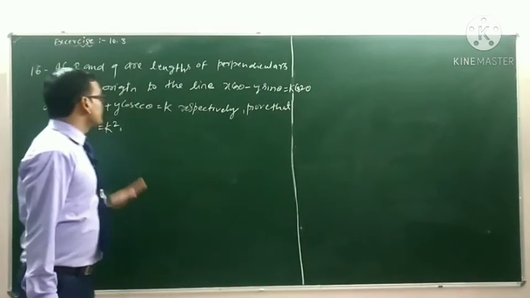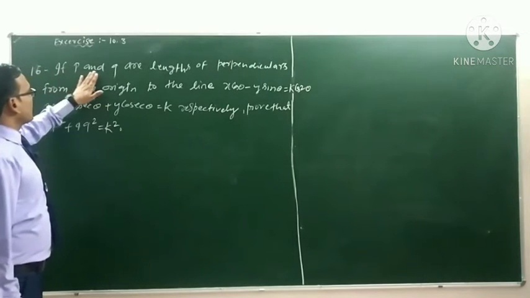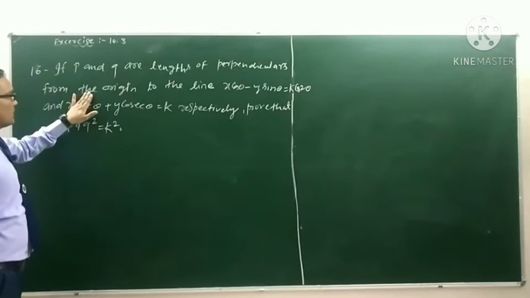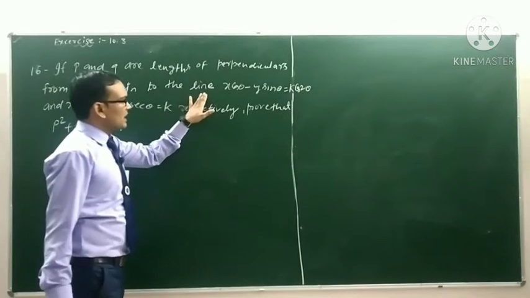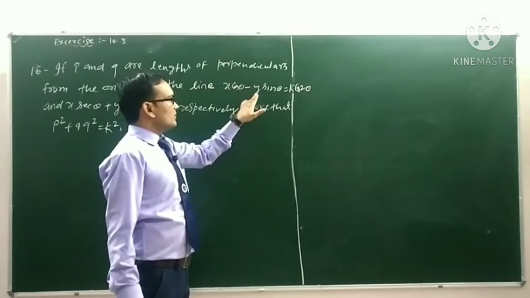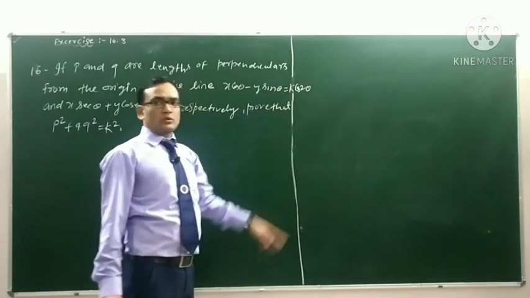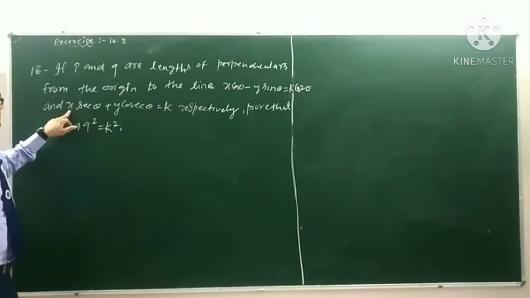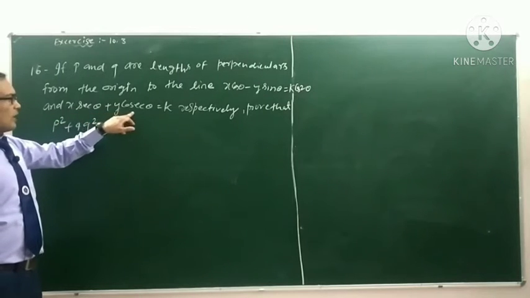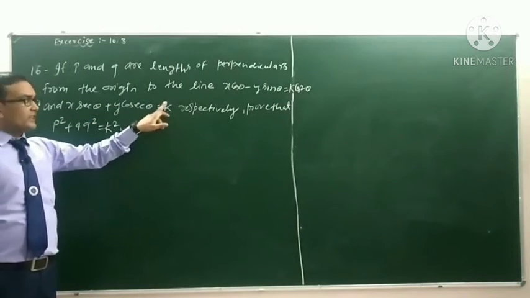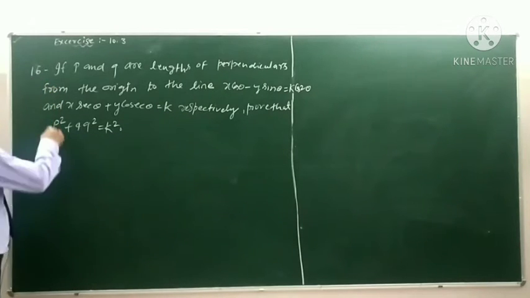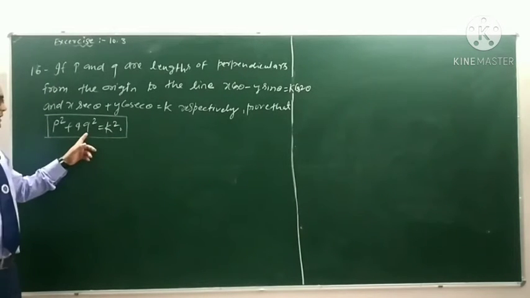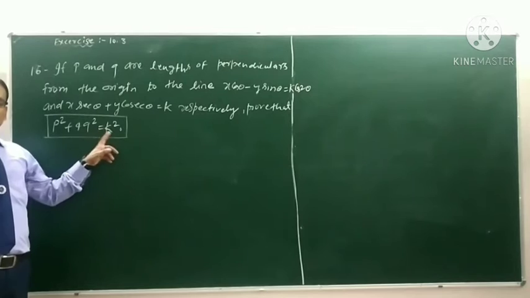Question number 16 is: if p and q are the lengths of perpendiculars from the origin to the lines x cos theta minus y sin theta is equal to k cos 2 theta and x sec theta plus y cosec theta is equal to k, respectively, prove that p square plus 4q square is equal to k square.